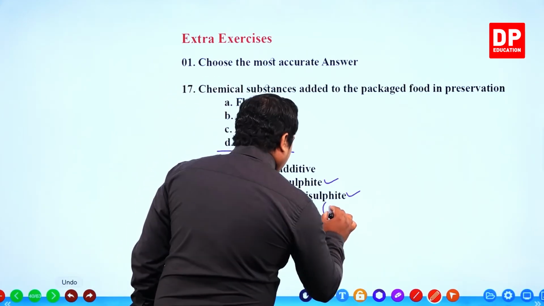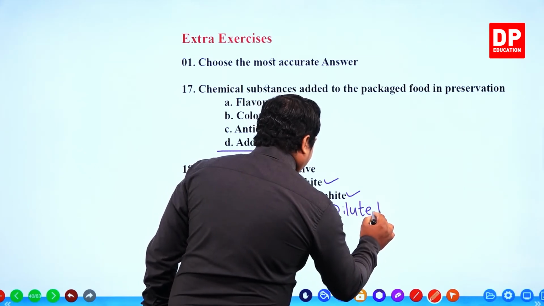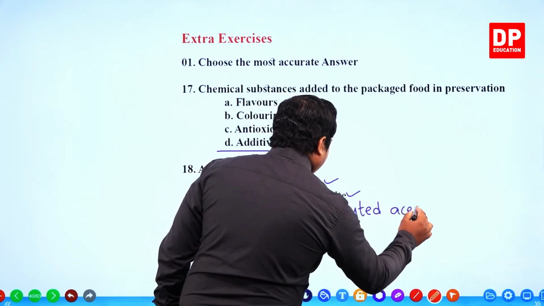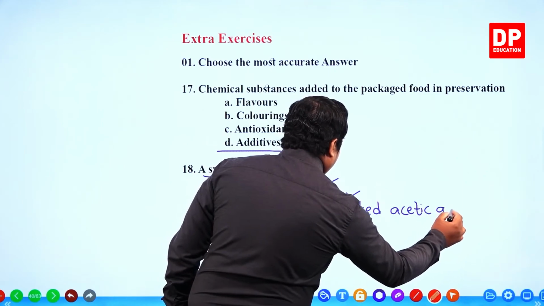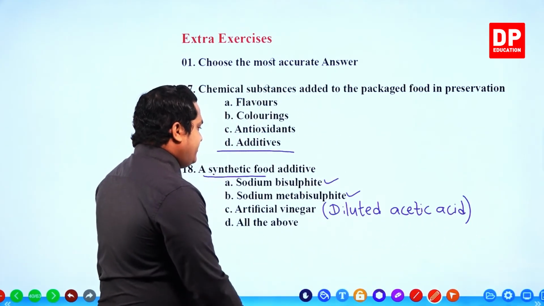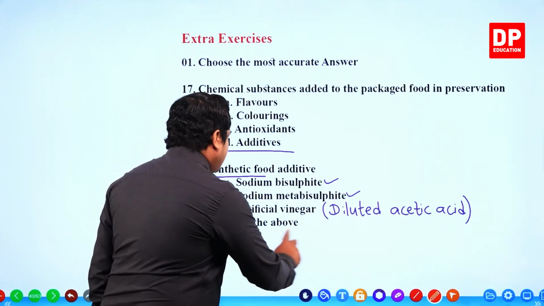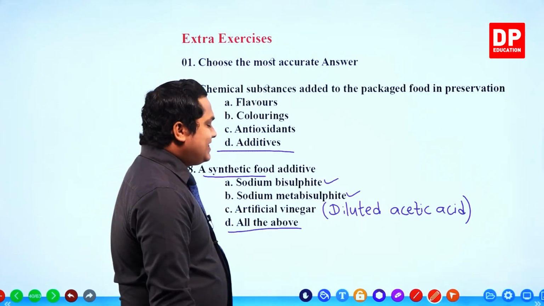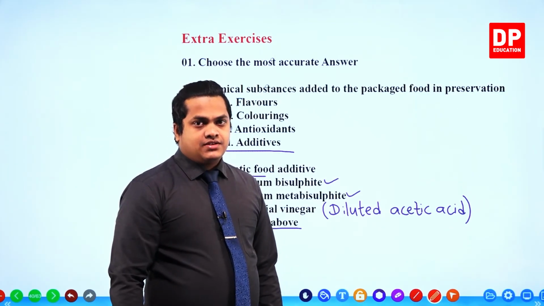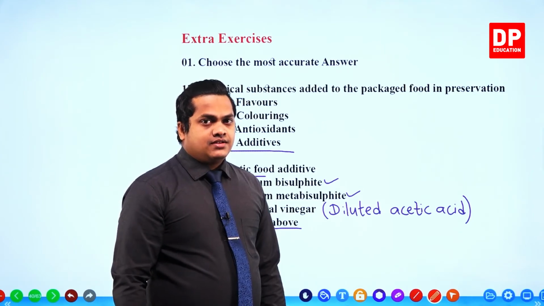I'll mention diluted acetic acid. Artificial vinegar means diluted acetic acid. So all of these things are, my dear children, synthetic food additives.